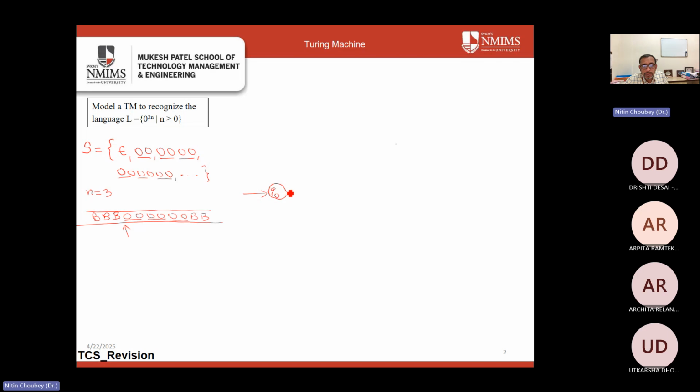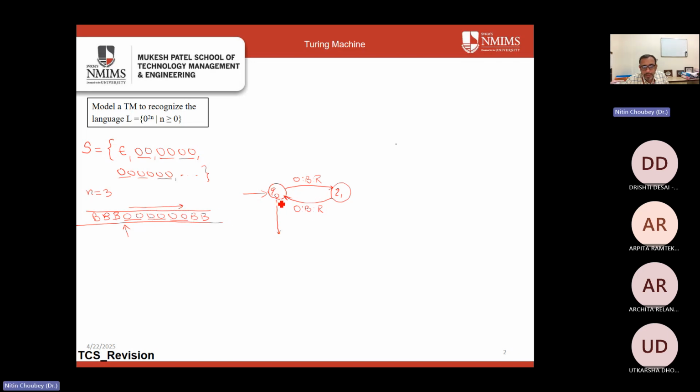Say Q0: if it is the first zero, replace it with zero, move to right, going to Q1. For the second zero, again zero, replace with zero, move to right. In this way, we'll continue with our loop, and at the end we must get a blank, which represents the end of input.